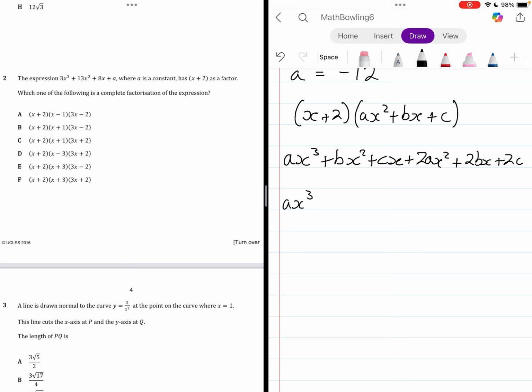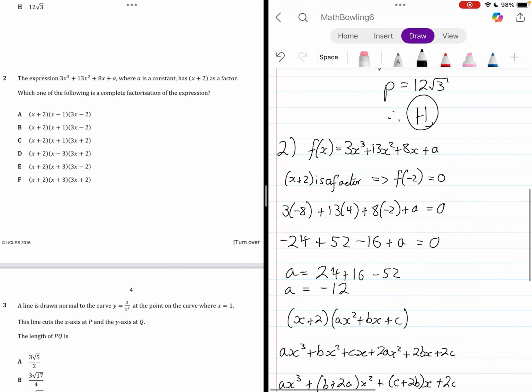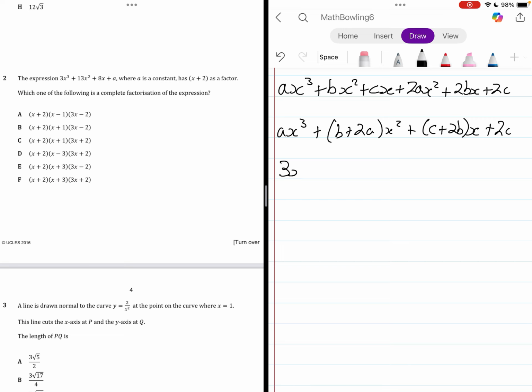We can just collect like terms now: b plus 2a x squared, c plus 2b x, plus 2c. And we want this cubic to be equal to the one we've got where a is minus 12. So we want this to be the same as 3x cubed plus 13x squared plus 8x minus 12.